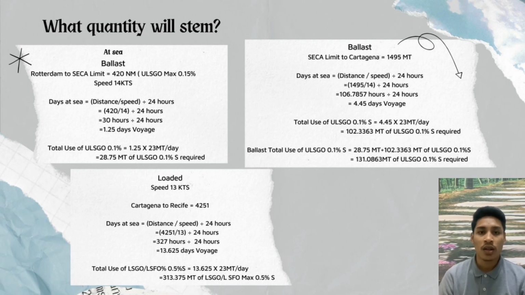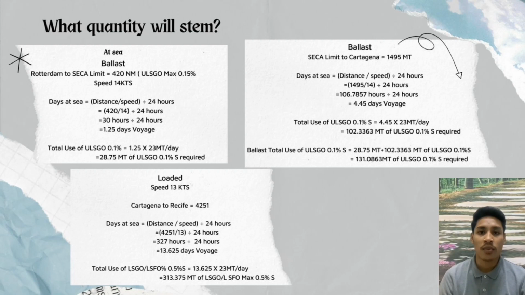So total use of LSFO with 0.5% equals 13.625 multiplied by 23 MT per day. So the result is 313.375 MT of LSFO maximum 0.5%.